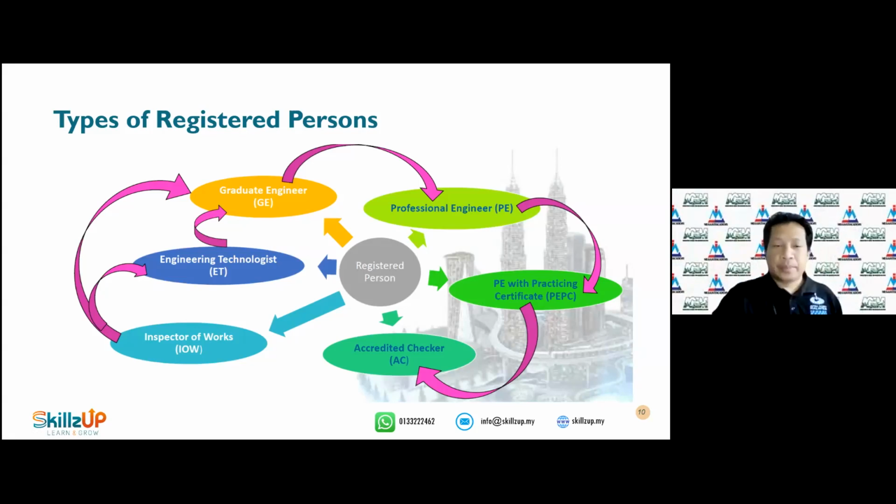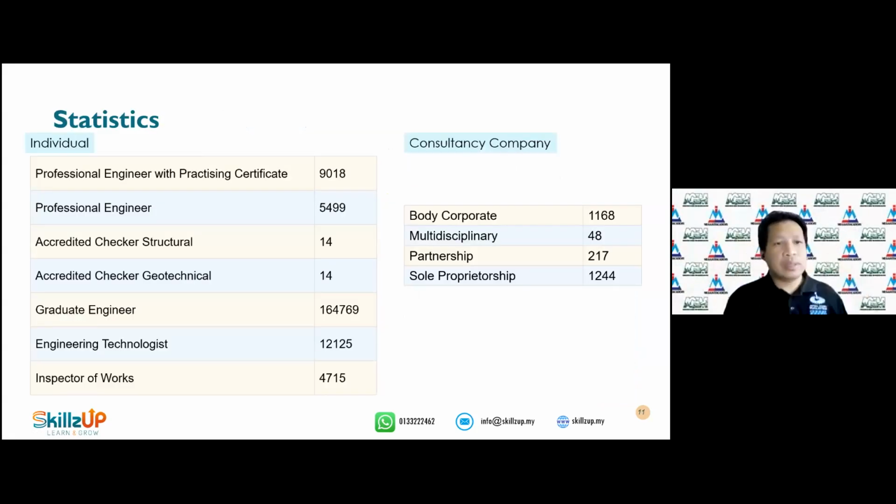Okay. So as of today, basically, how many people are registered? I think this is some data that I just referred to on the website this morning. What you are able to see here is the number of people. One is professional engineers with a practicing certificate, close to 9,000.